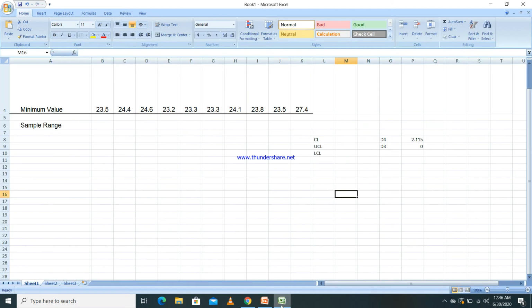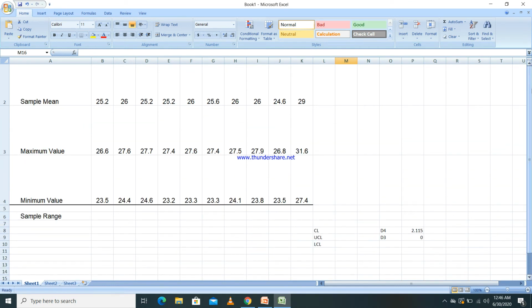So I'll show you how to do the calculation. I have entered all these values into an Excel sheet. Since we are interested in constructing the range chart, first you have to calculate the range value. Range is the difference between the maximum and the minimum value. For each day, they have given you the maximum and the minimum value.